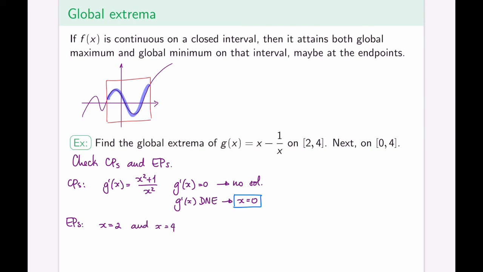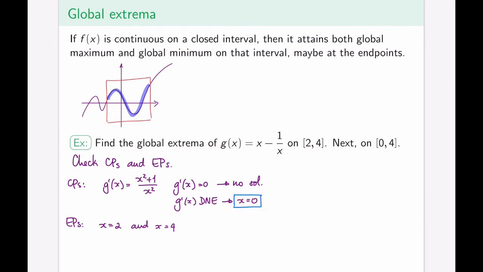Now notice that if we're asked for the global extrema on this interval, then the point x equals 0 does not actually lie within this interval, which means that for the global extrema case on 2 to 4, we're not even going to include this point because it's simply not in the interval of consideration.